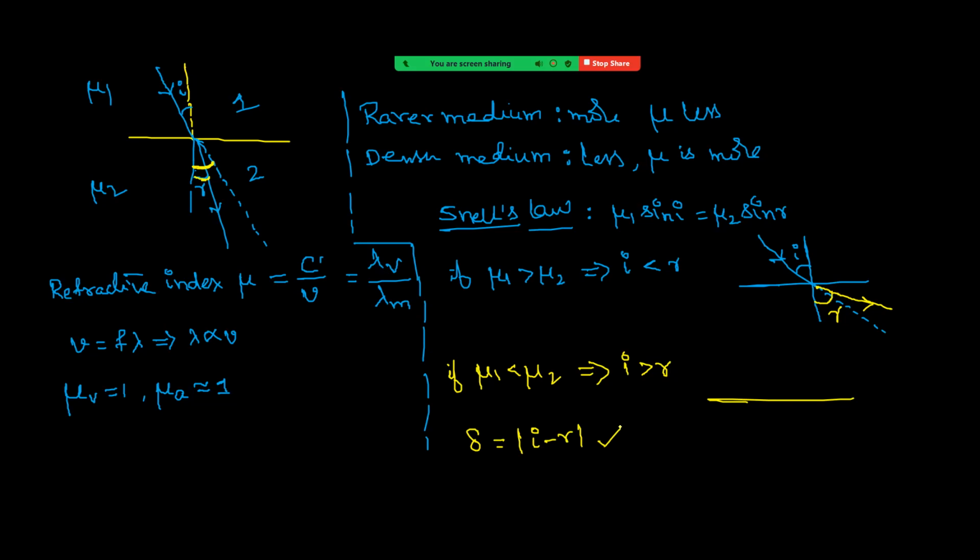Let us see now the same Snell's law in vector form. mu1 into A cap cross n cap is equal to mu2 into B cap cross n cap.